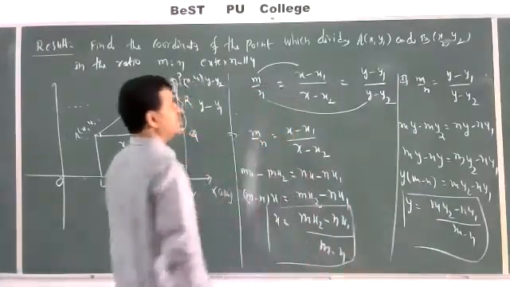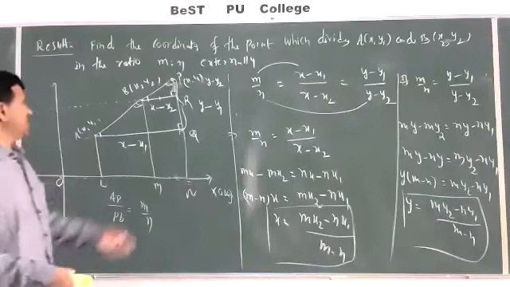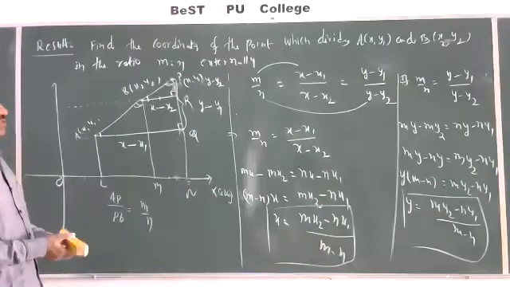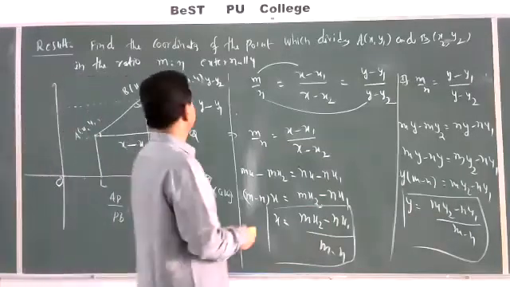So write the coordinates of P. The external divisional point P is equal to, what is the final answer?